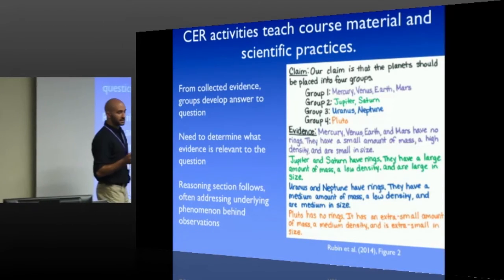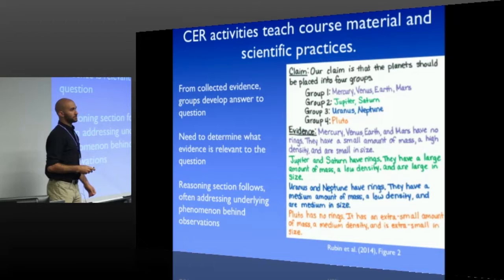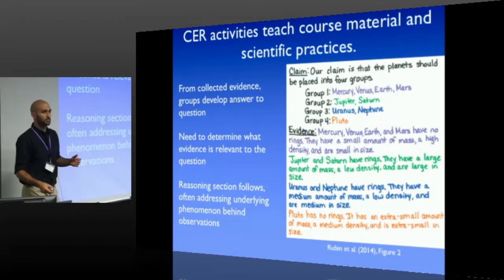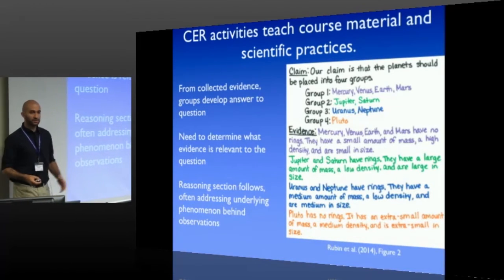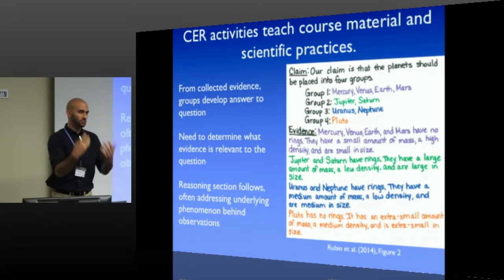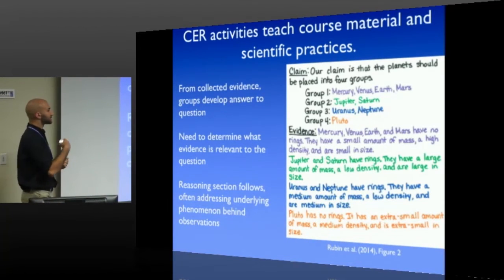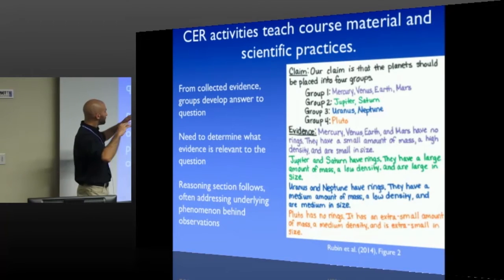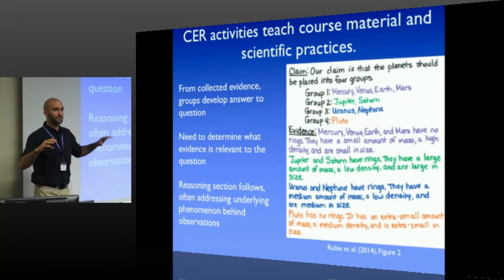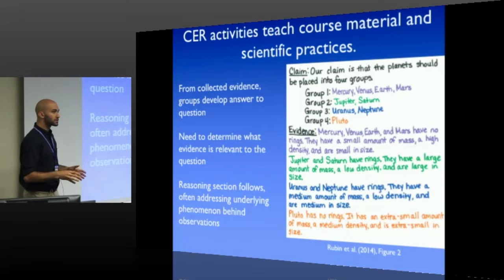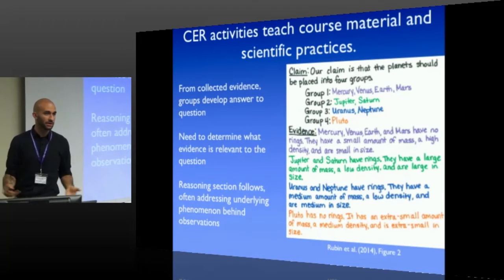Normally, or not necessarily normally, often there's a reasoning section that follows here. So I have claims and evidence. Well, what the heck's reasoning? So for this actual activity, there's no necessarily reasoning section, but generally what this will entail is that the students, taking their claims and evidence, have to figure out why that works. And that usually addresses some underlying phenomenon.